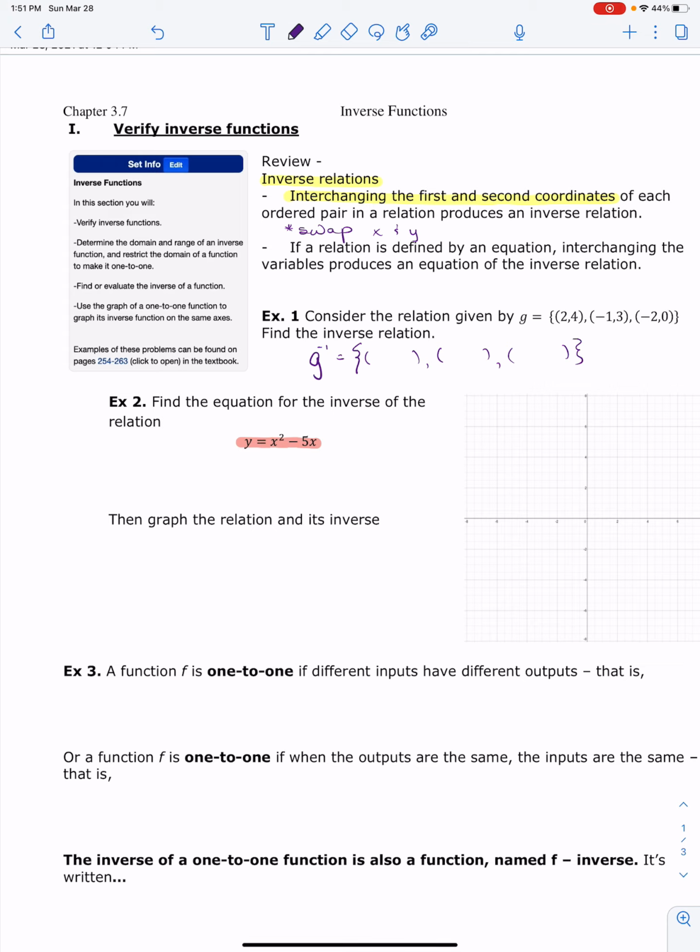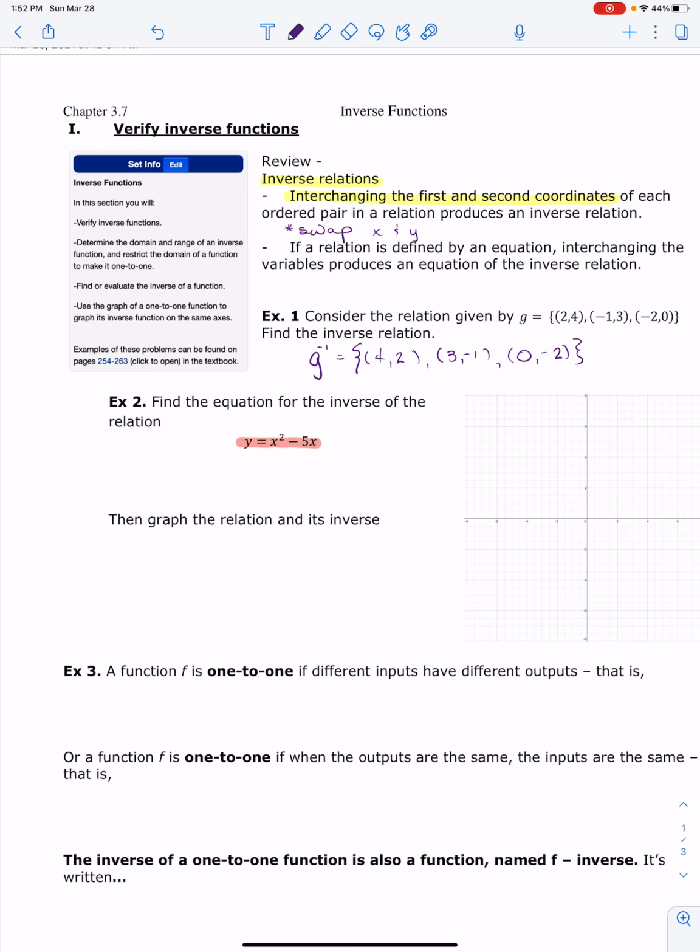And all we're going to do here is swap the x and the y. There's the inverse relation. If you know a point on a function, you know a point on its inverse.